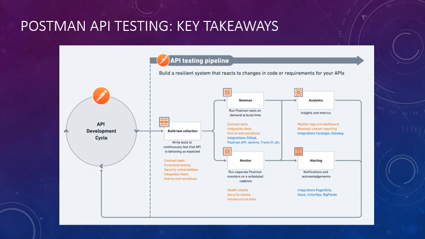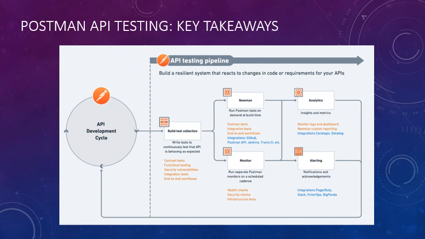From there, we explored more advanced concepts. Request chaining allows one API request to provide data to another. The collection runner allows us to execute multiple requests and tests together. Data-driven testing allows us to run the same tests against many different sets of input data.